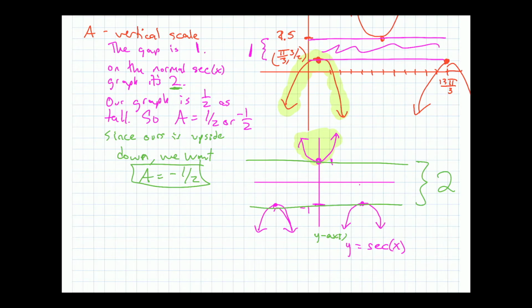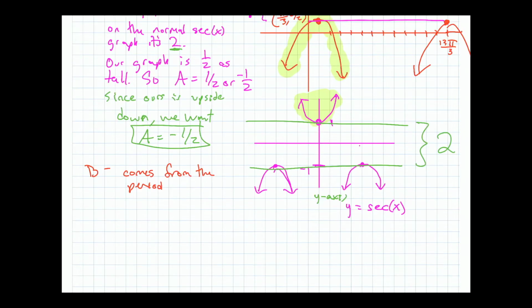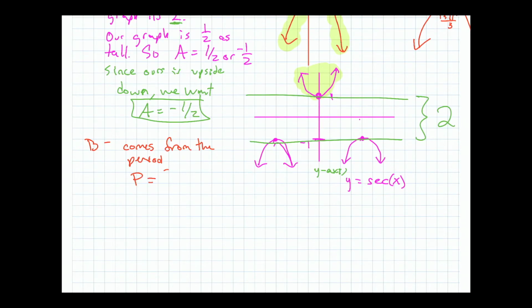Okay, so the next thing you want is the B. The B comes from the period. You know the relationship: the period P is 2 pi over B. That's the same as the one for sine and cosine.